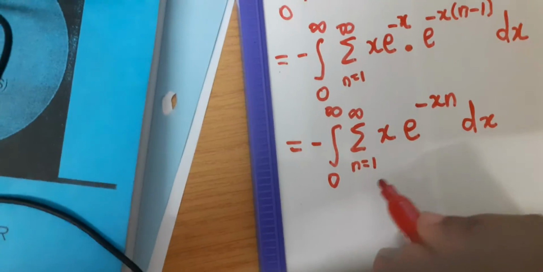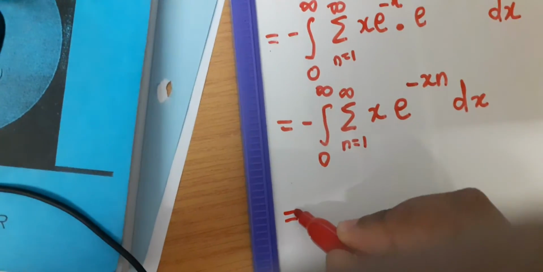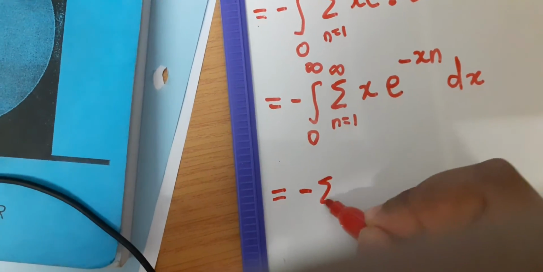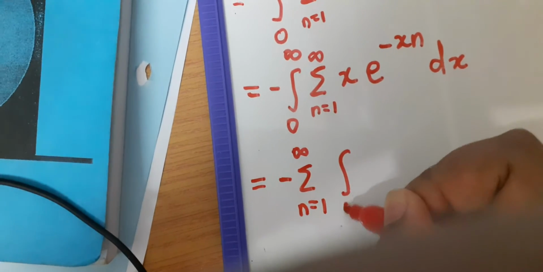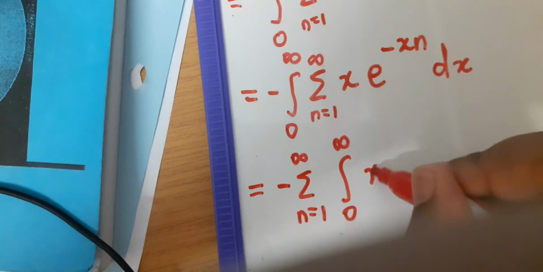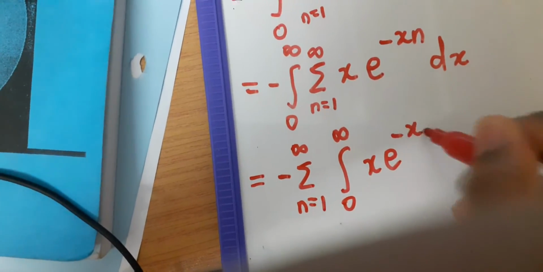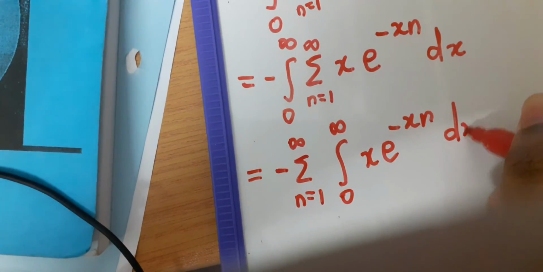And then once we have this, we can turn the integration and the sum around: sum n equals 1 to infinity, integral from 0 to infinity of x e to the minus x n dx.